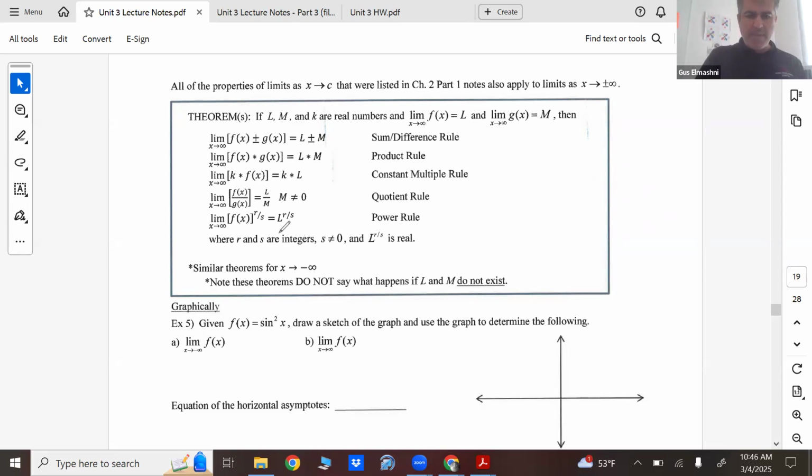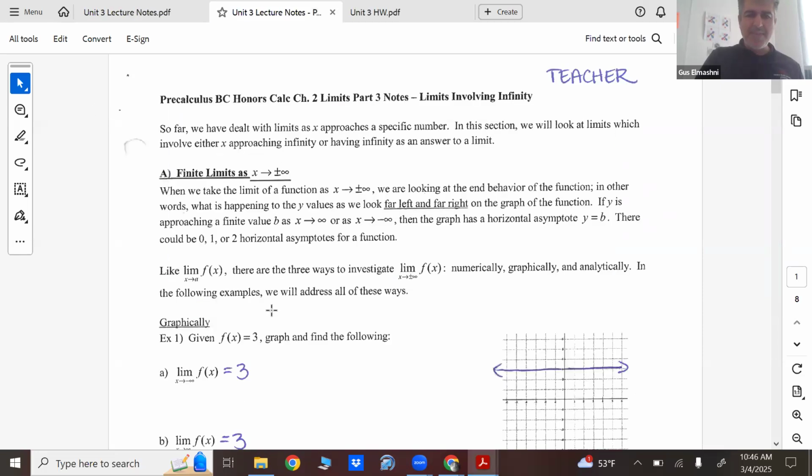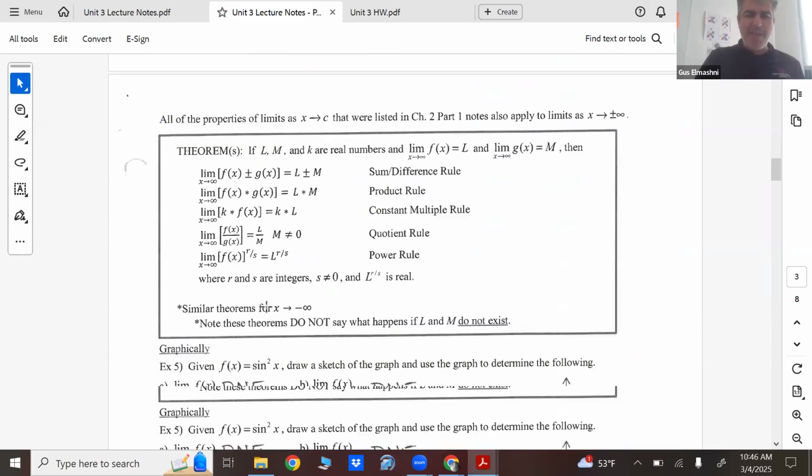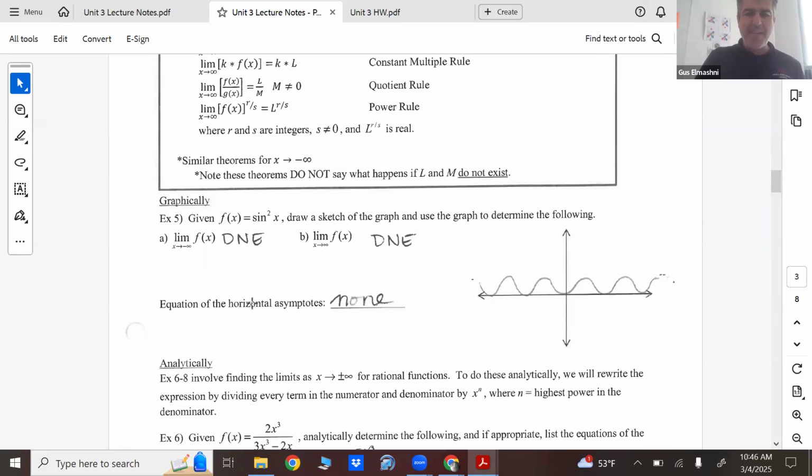wait, sine squared x, that's weird. Well, hold on a sec. Would that even exist? In this case, I'm a little confused now. What do they want for that one? Okay, this is where I pull up my notes now. Oh, I see.